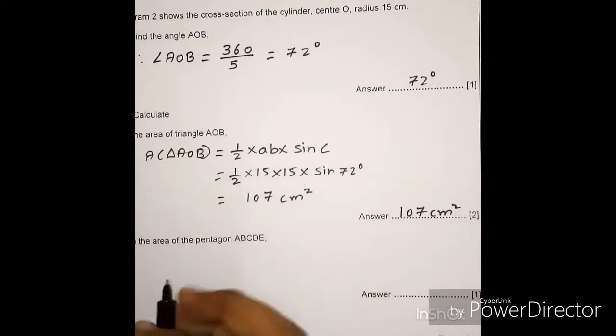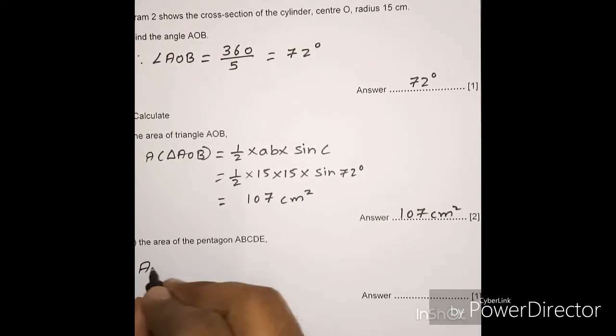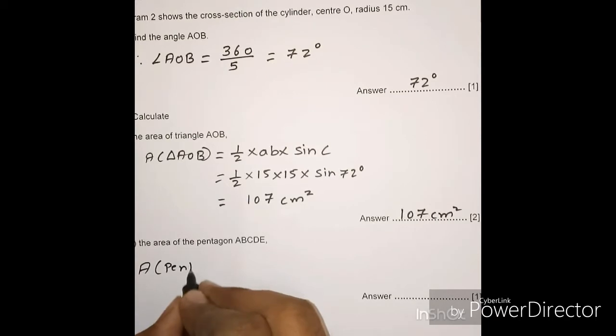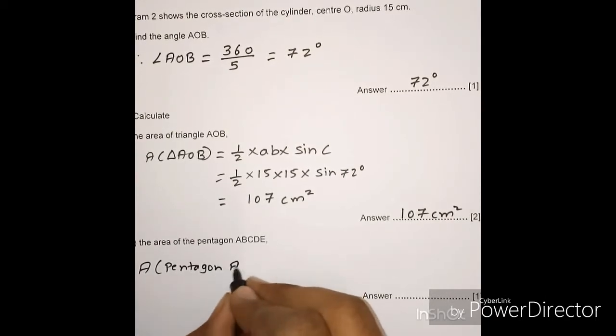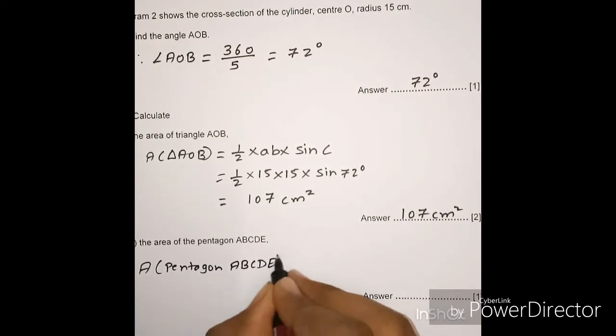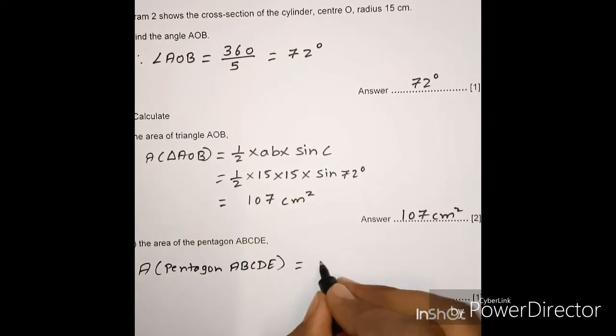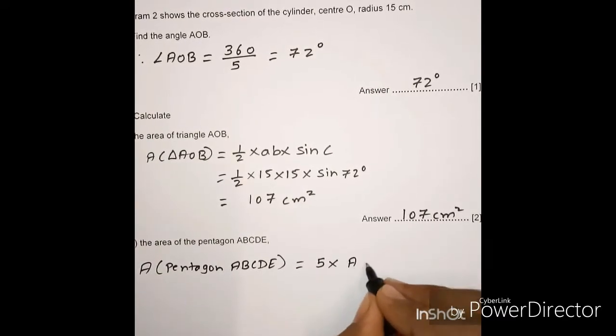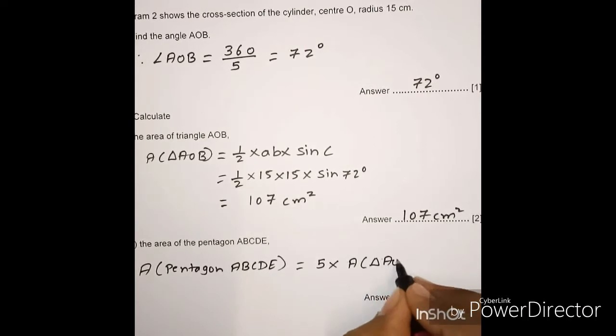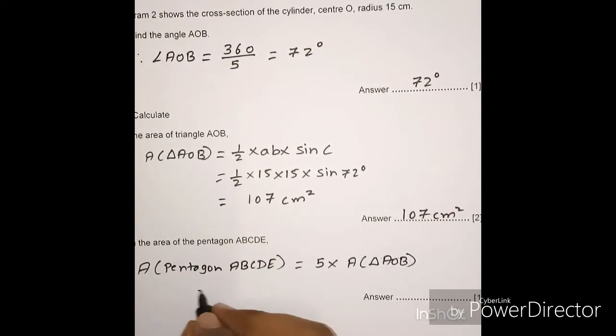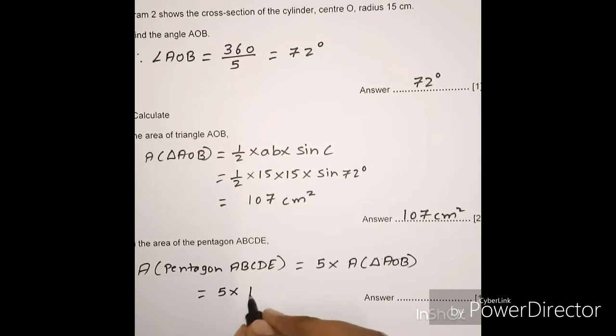So the area of pentagon ABCDE will be equal to 5 into area of triangle AOB, which will be equal to 5 into 107, which will be equal to 535 centimeter square.